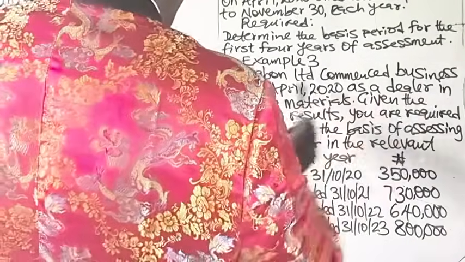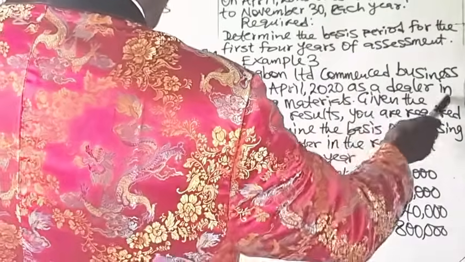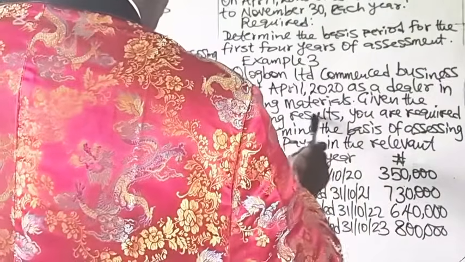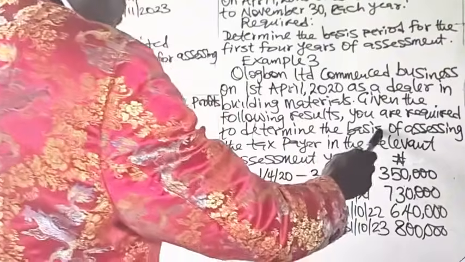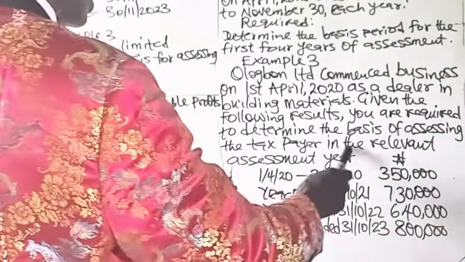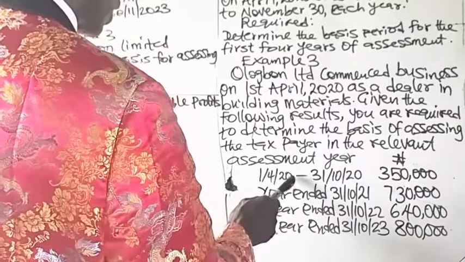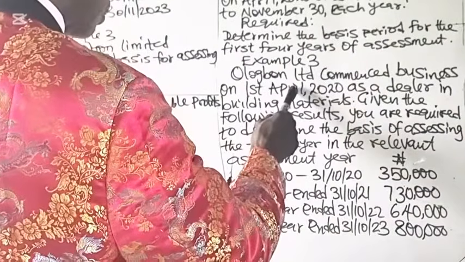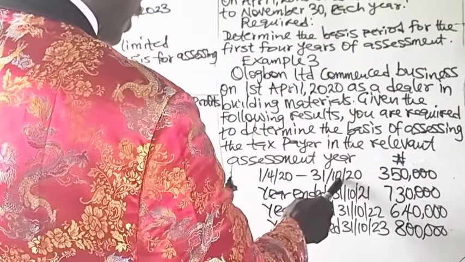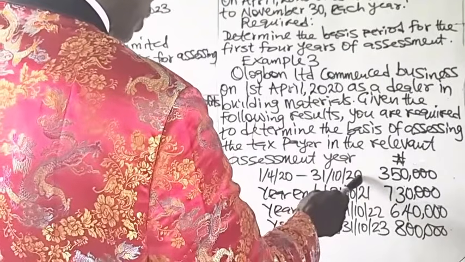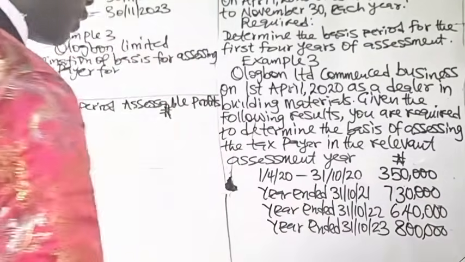Olba Limited commenced business on 1st of April 2020 as a dealer in building materials. Given the following results, determine the basis of assessing the taxpayers in the relevant assessment year. First, from 1st of April 2020, the date of commencement, to 31st of October 2020, you have a profit of 350,000.